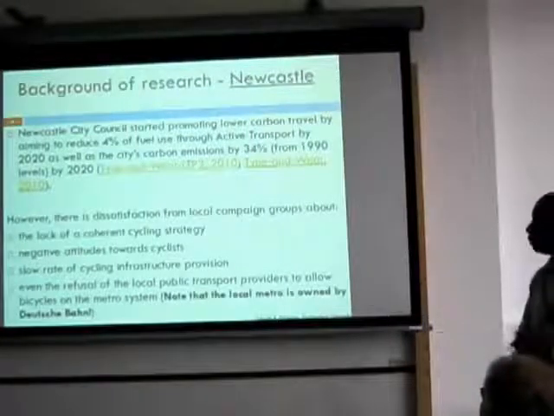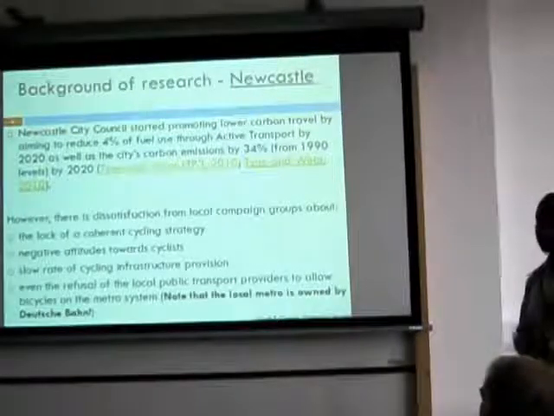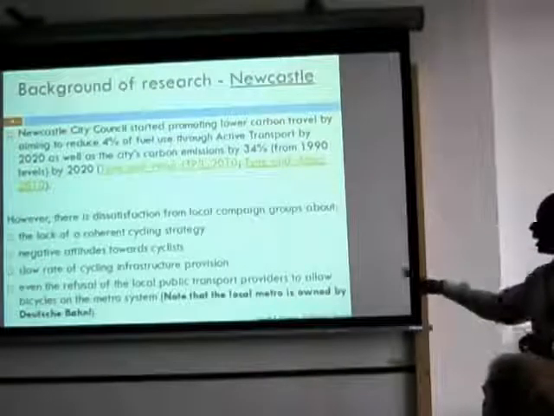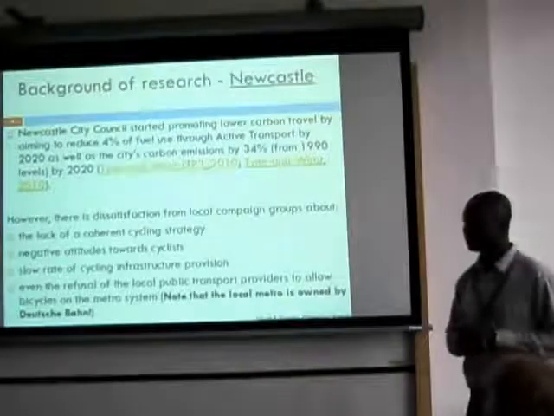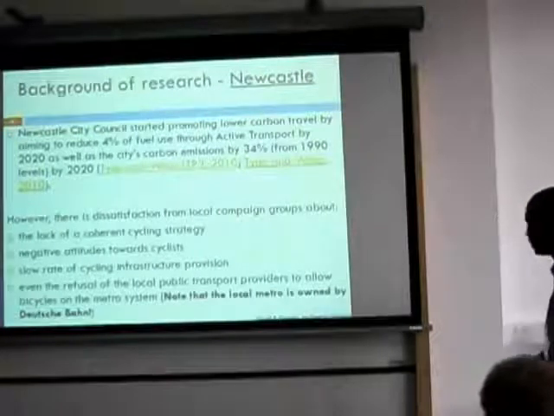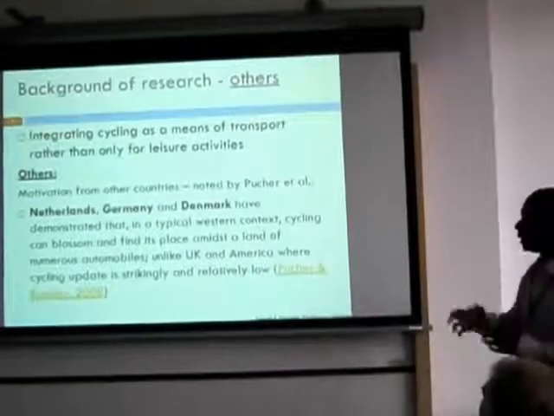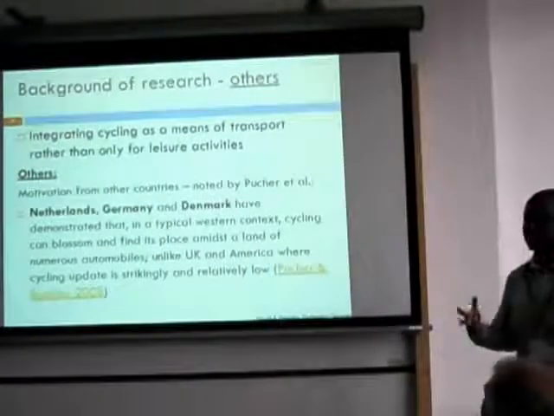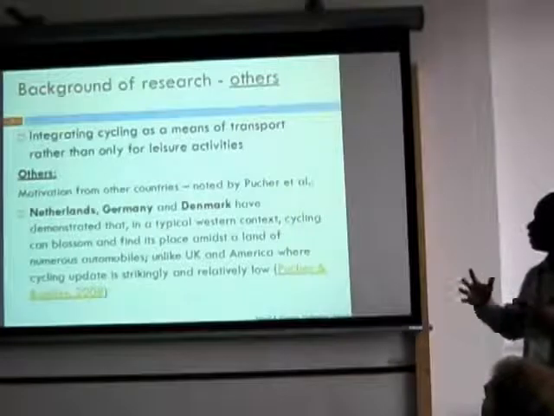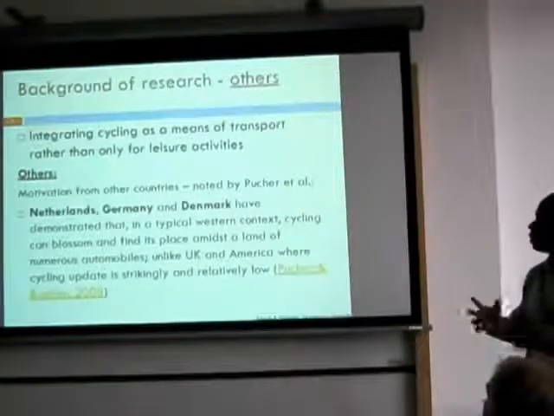Interestingly, I put there, this metro is now owned by, or in a way being managed by Deutsche Bahn, which is a German company. And I've been in Germany, and they allow bicycles on the metro, but interestingly, I don't know for whatever reason, it's not allowed in Newcastle. And also they're campaigning that cycling shouldn't necessarily be just for leisure, but also actually to be seen as active transport as a means of travel.